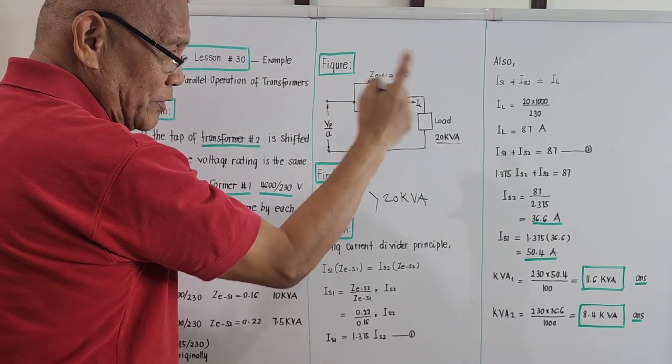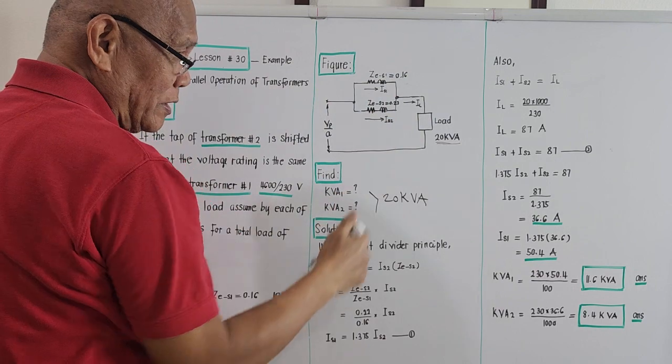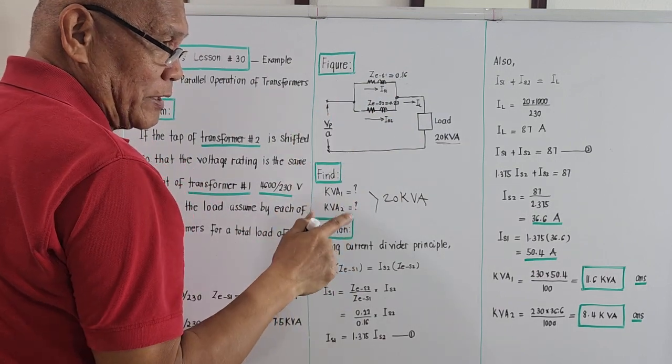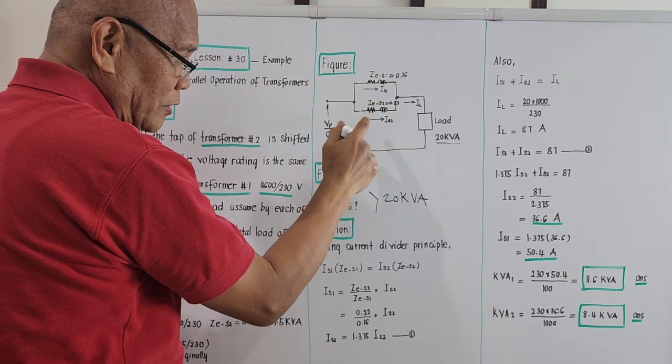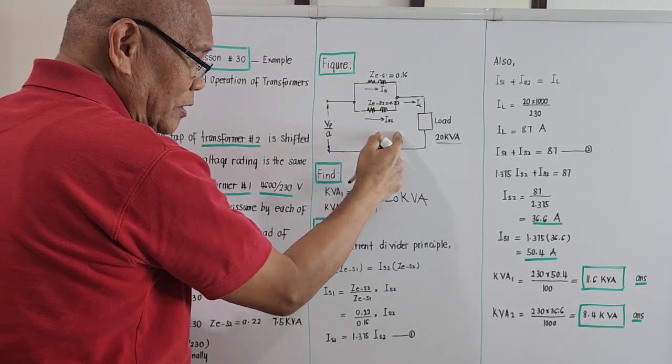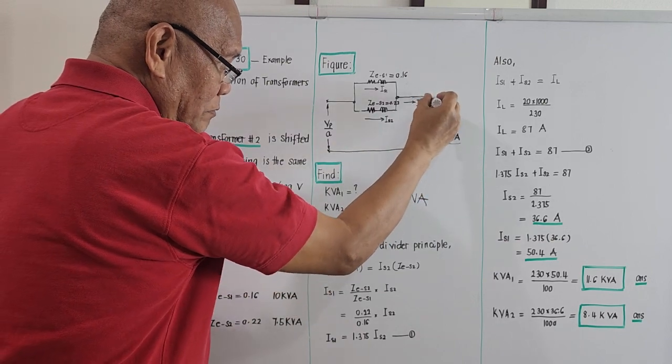Subscript number 2 refers to transformer number 2 and subscript number 1 refers to transformer number 1. So the current delivered by transformer number 1 is I_S1 and the current delivered by transformer number 2 is I_S2. The total current passing through the load is I_L.